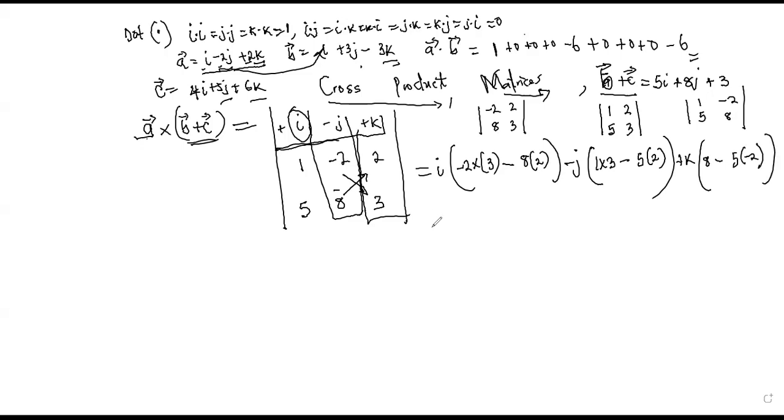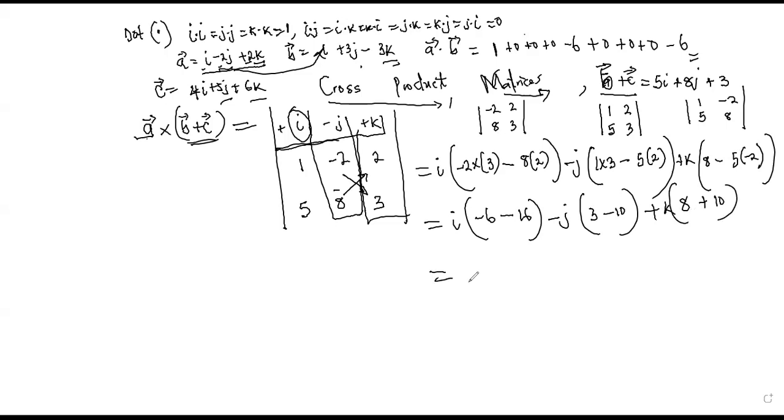So similarly, we are just going to multiply this, minus 6. This guy is going to give us minus 16, right? Then for the J guy, we are getting 3 minus 10. Plus for the K guy, we're going to get 8 minus, which should give us plus 10, right?